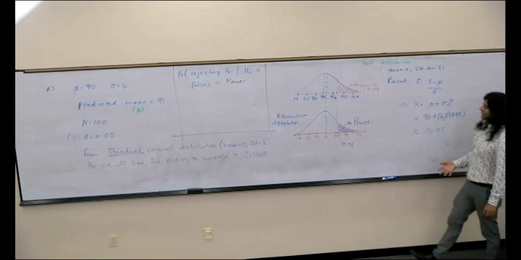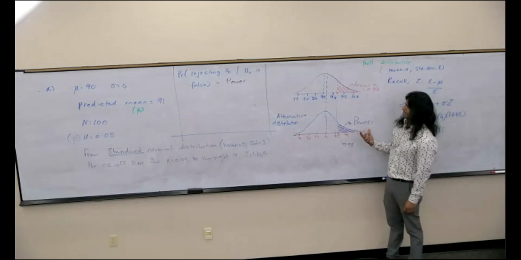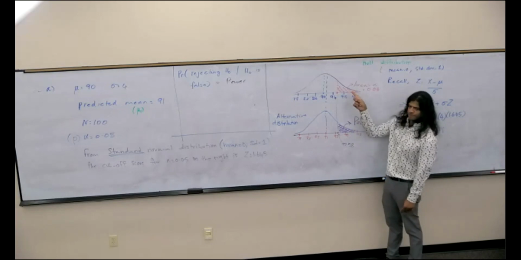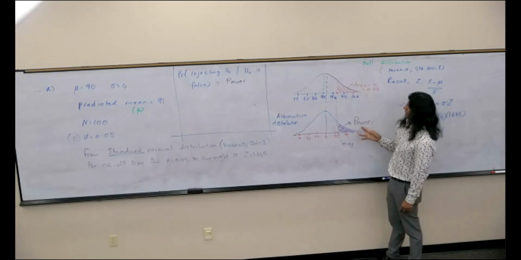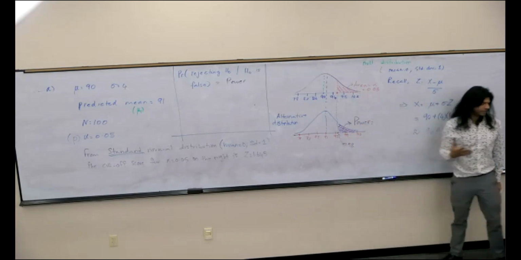We need the calculator to find power. This probability is just alpha, 0.05. I want to know what that probability is.